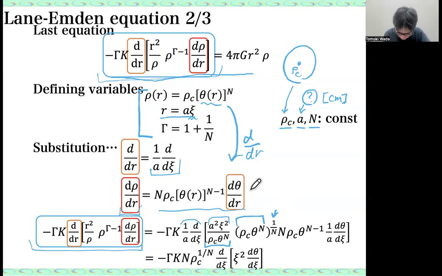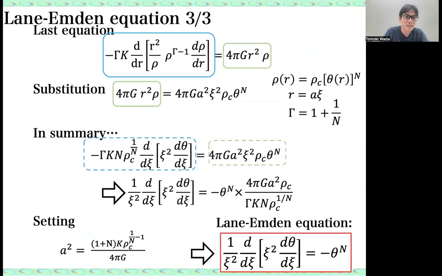And d rho dr is substituted here. Okay, and putting constants aside, we finally get these final expressions. Okay, please follow the calculations. Next, let's consider the right-hand side.